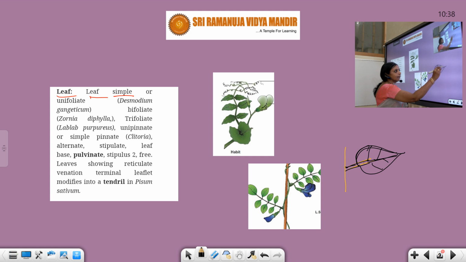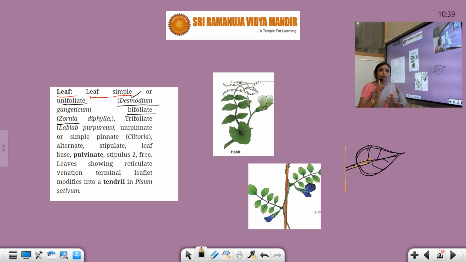So leaves in some plants are simple, in some unifoliate, and in some bifoliate also. Desmodium is unifoliate, and in bifoliate there is the plant Jornia. Unifoliate and bifoliate are palmate types of leaf. Palmate means a compound leaf. So simple leaves are present, compound leaves are present.